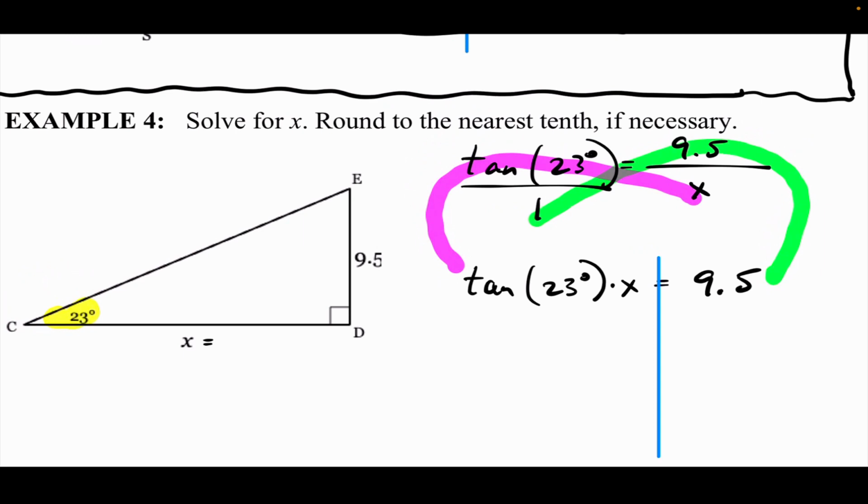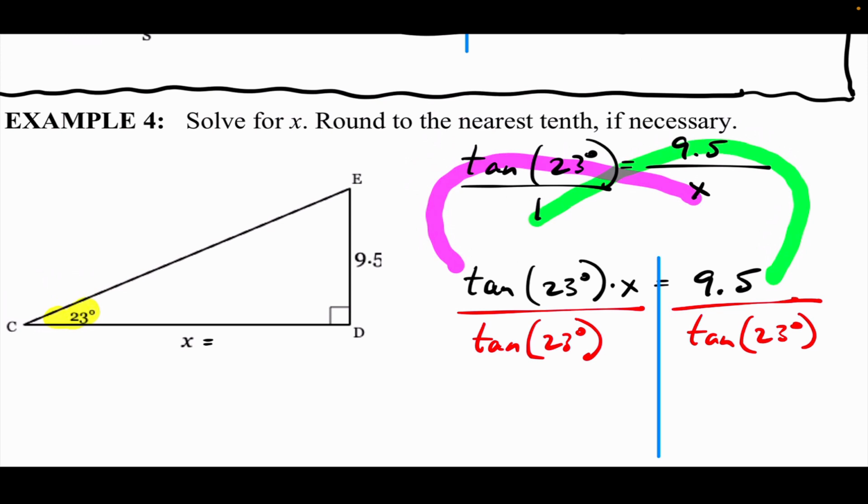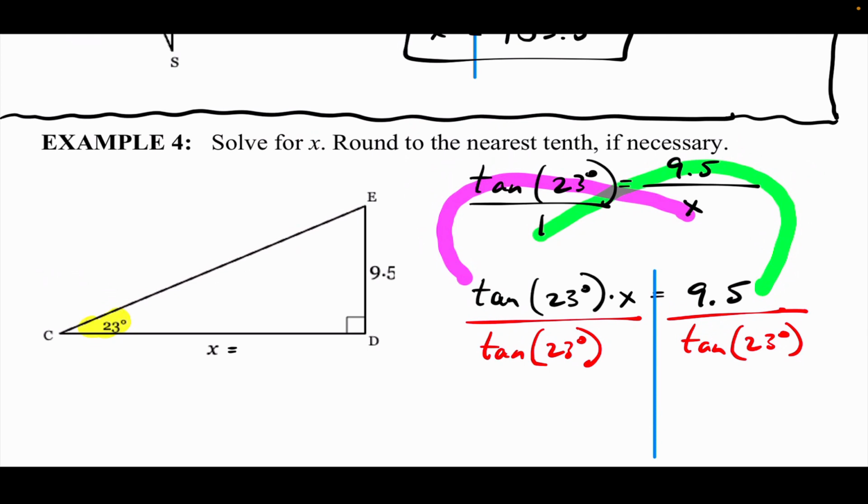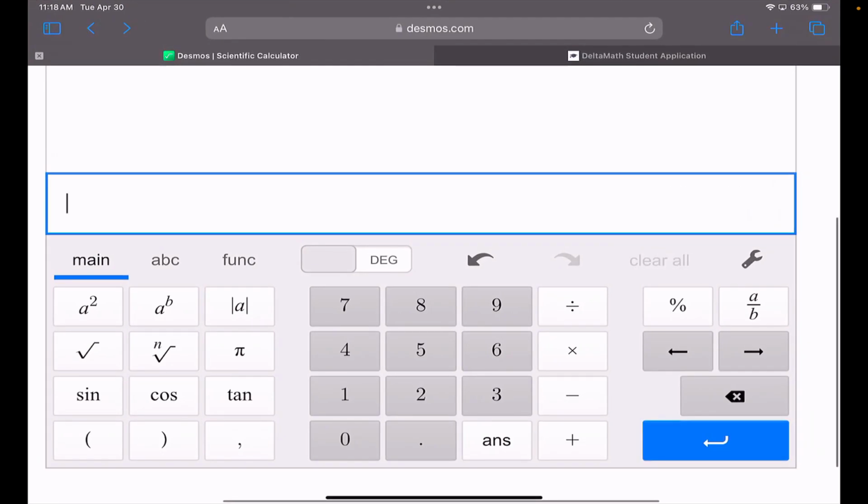Solve for x. Well, I need to divide. So this one, you can use your calculator. So 9.5 divided by tangent of 23 degrees.